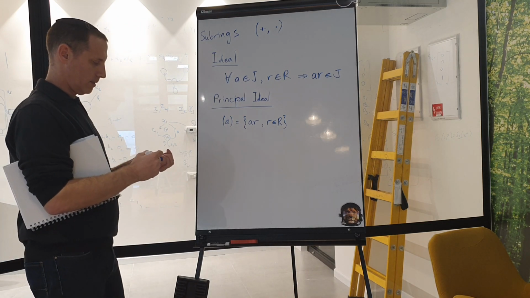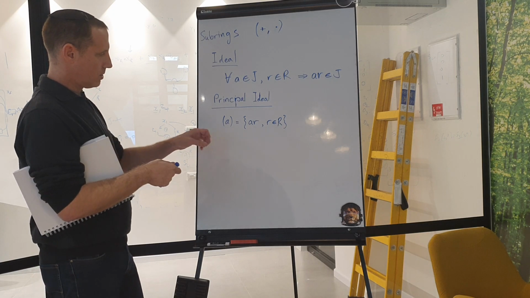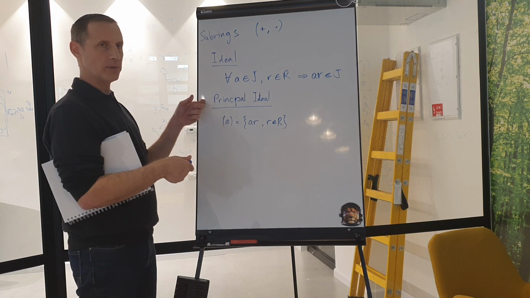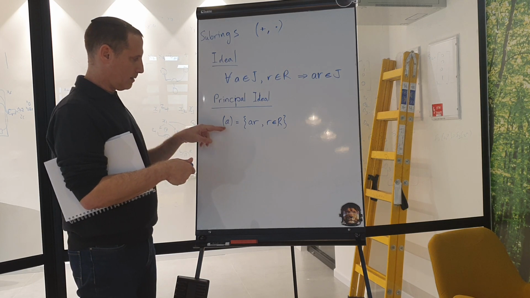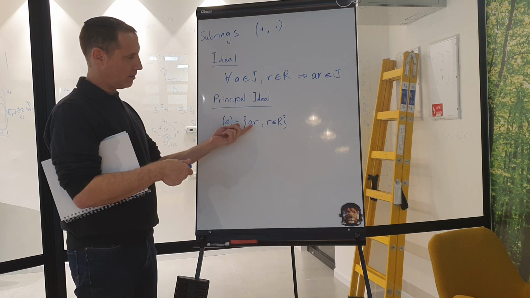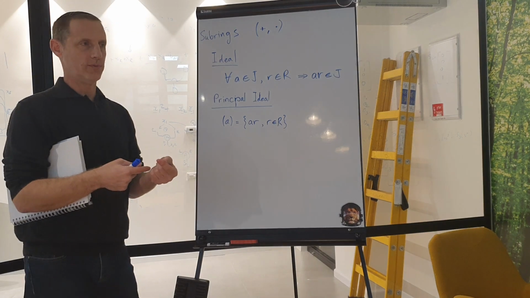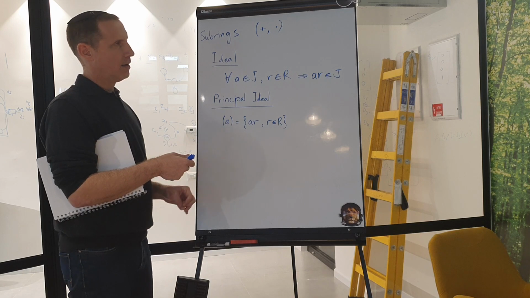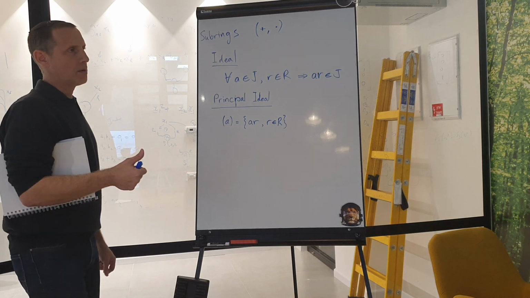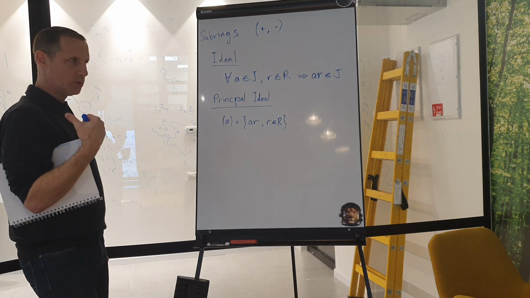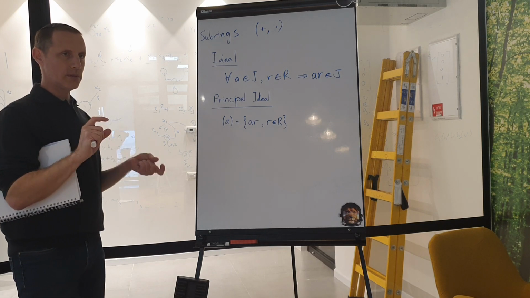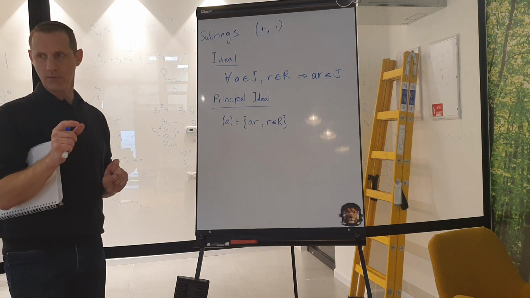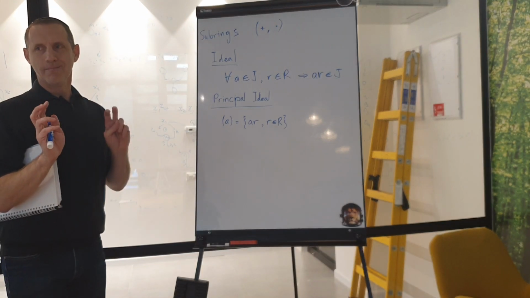If you look at this, A would be the generator of the principal ideal. And you actually take all multiplications of A by elements of R, and if you think back to groups, it's somewhat similar to the cyclic groups that we defined.